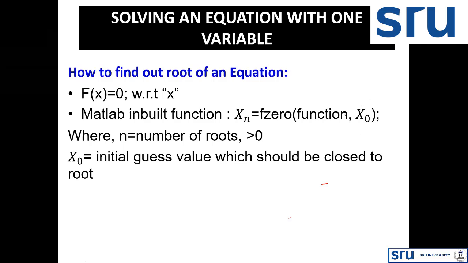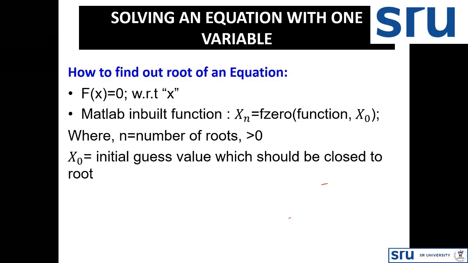And x naught is the initial guess, because in MATLAB initially you do not know what the solution or root of that equation will be. So you will take some initial guess value, near about the solution value.